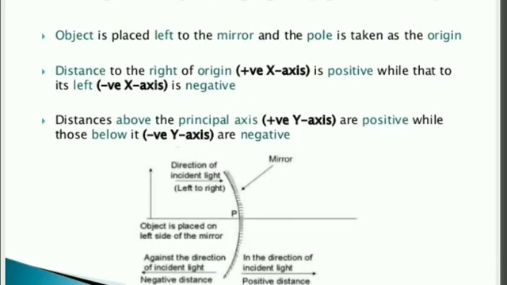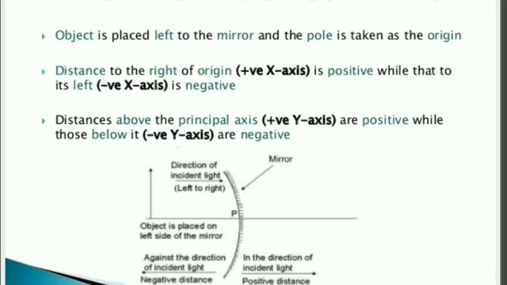Then today we are going to discuss the new Cartesian sign convention, or we can say the sign conventions for reflection by spherical mirror. While dealing with the reflection of light by spherical mirrors, we shall follow a set of sign conventions called the new Cartesian sign convention.